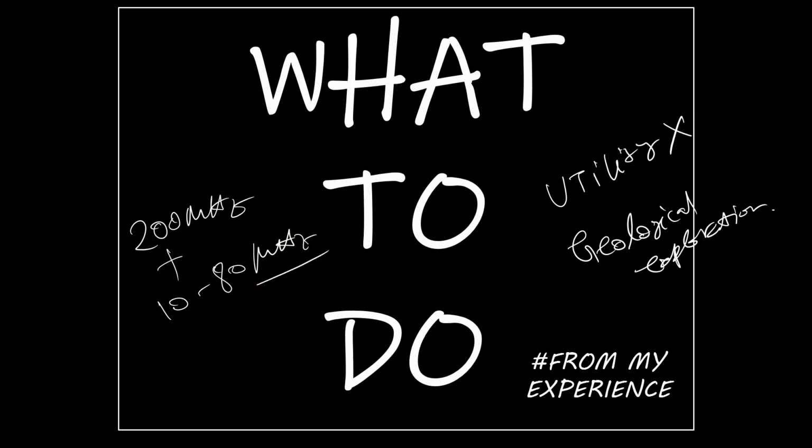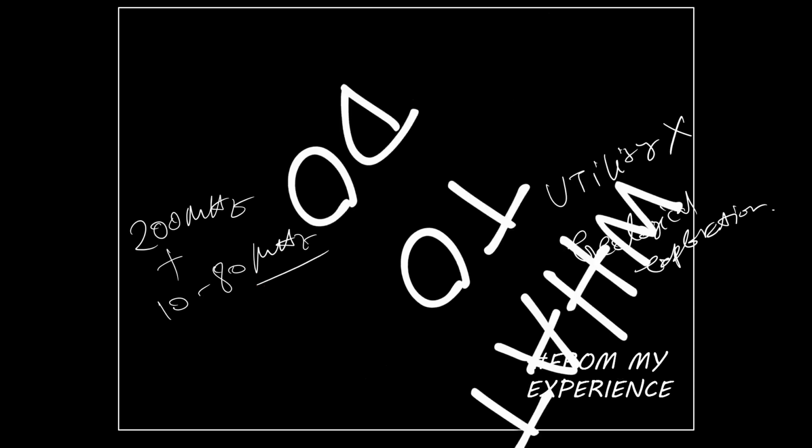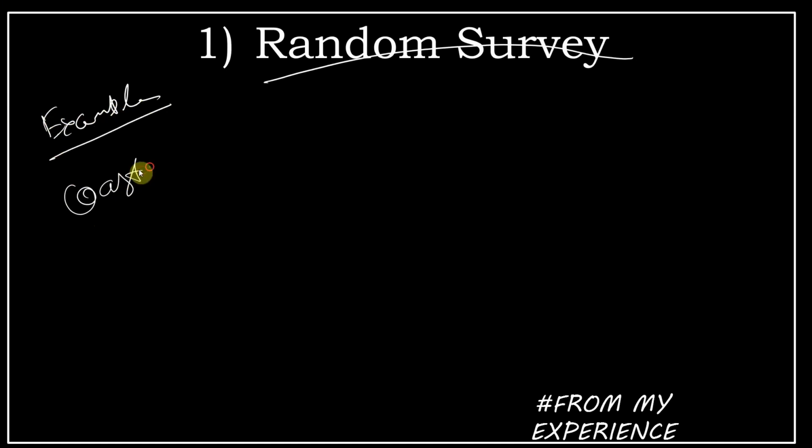Now let's start the main discussion. The first step you will be doing is the random survey. What do I mean by random survey? Let me give you an example. Suppose I have taken a virgin area, a coastal area, and that survey area has a length of, let's say, 3 kilometers.